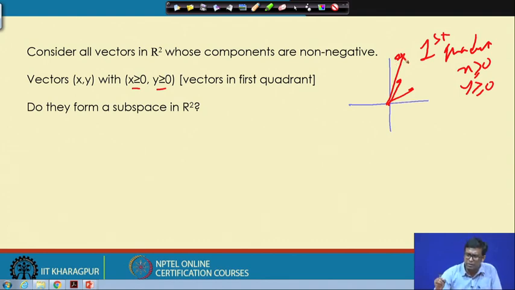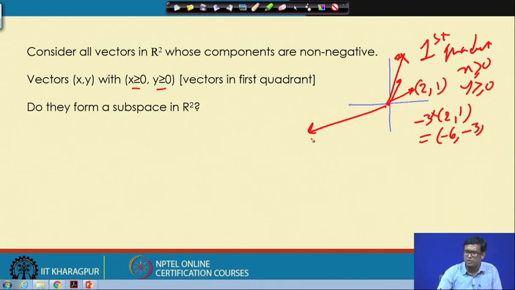If we take a vector 2 1 and multiply it with -3, that will be -6, -3, which is not lying in the first quadrant.